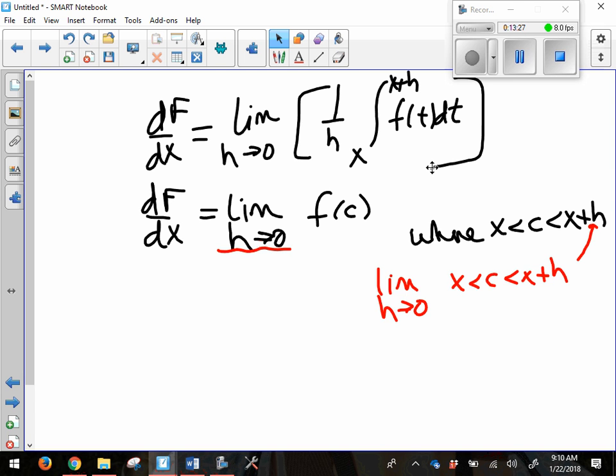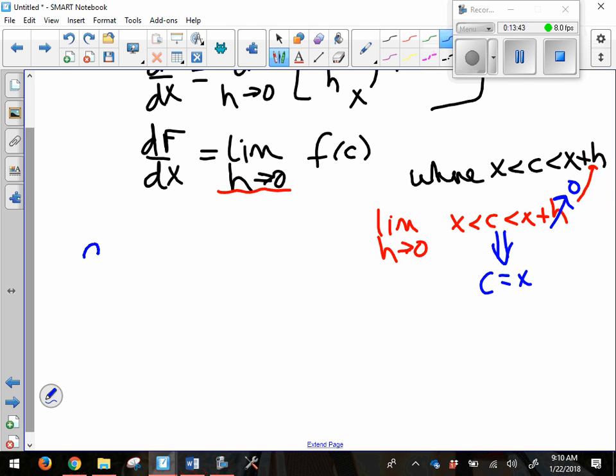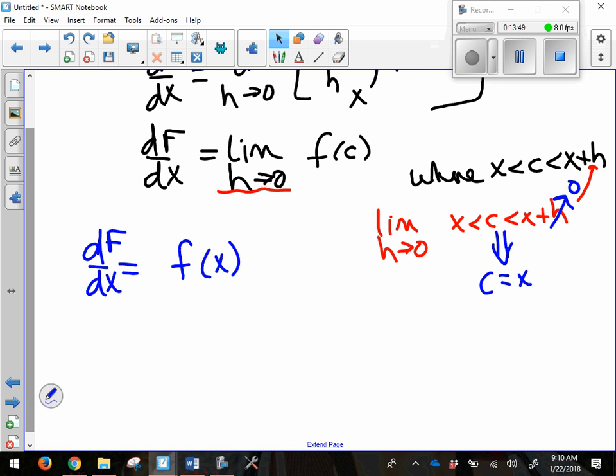So if I substitute in, and my h goes to 0, if c has to be between x and x, what does c have to be? x, okay? So we know that c has to be equal to x. So once again, I come back over here. My capital df/dx is then going to become f of x when I evaluate that limit.